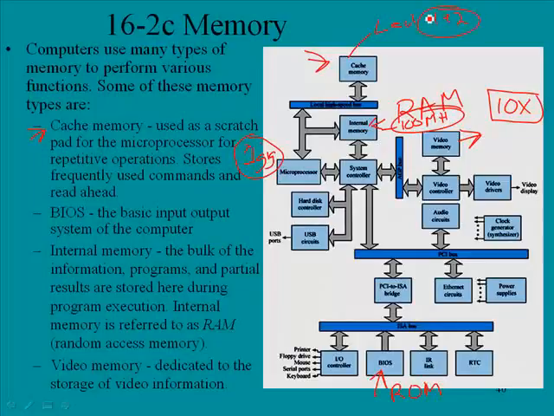And cache memory typically is right on the processor. It's not a separate component like RAM. And cache is extremely fast. And a portion of cache, the level 1 cache, usually can go at the same speed as the processor.